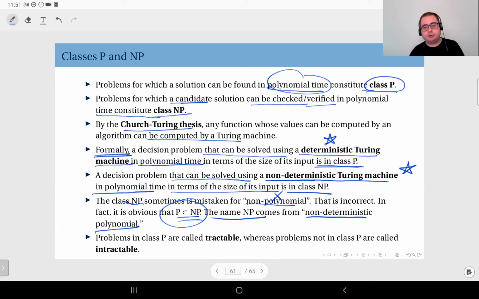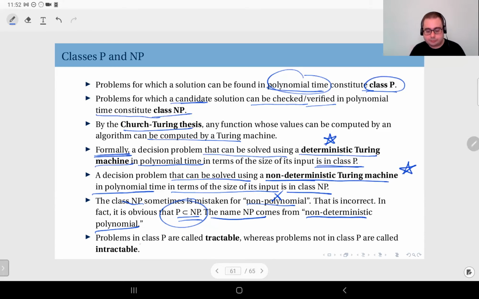Or, with respect to Turing machines, you can find a solution using non-deterministic Turing machines. How can you do that? You branch from your current state with respect to every possible input, and since they execute in parallel, at least one of them will lead you to an accepting state if the candidate given to you is a solution. Then using a non-deterministic Turing machine, you can find a solution. So these are two equivalent definitions of class NP.